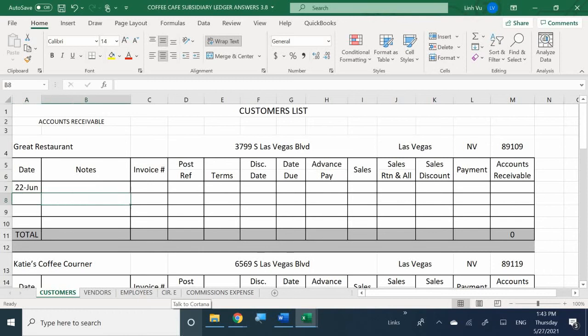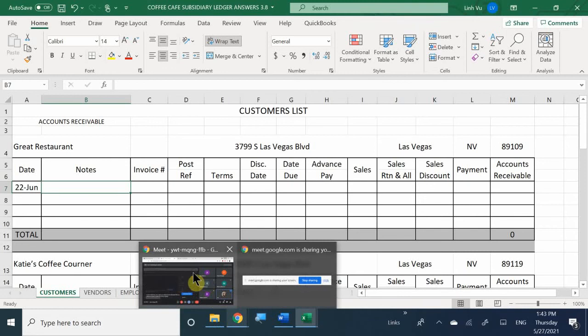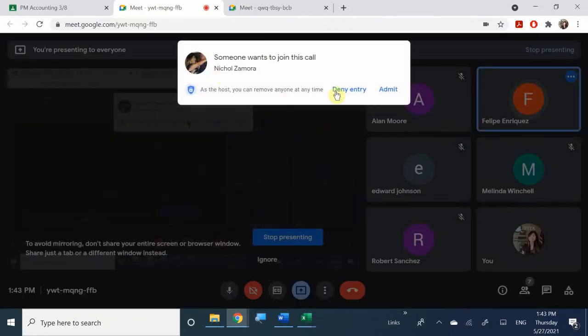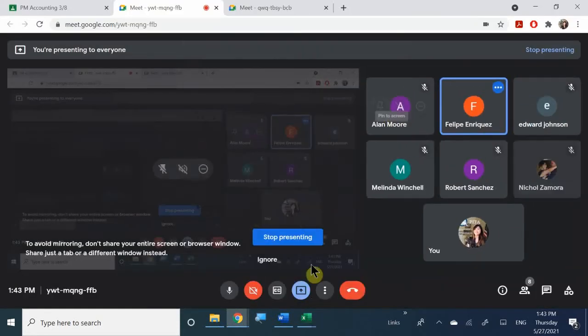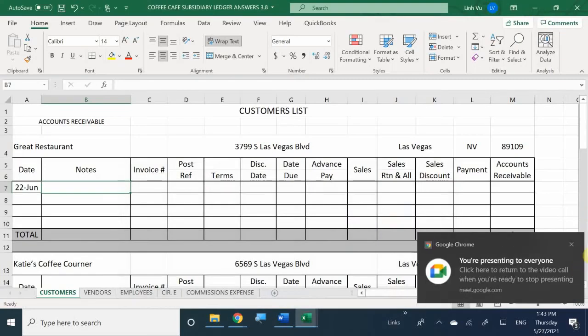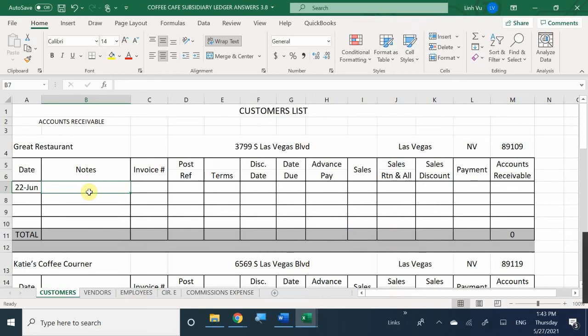Go ahead and just put 75 pounds of regular coffee, 70 pounds of supreme coffee.